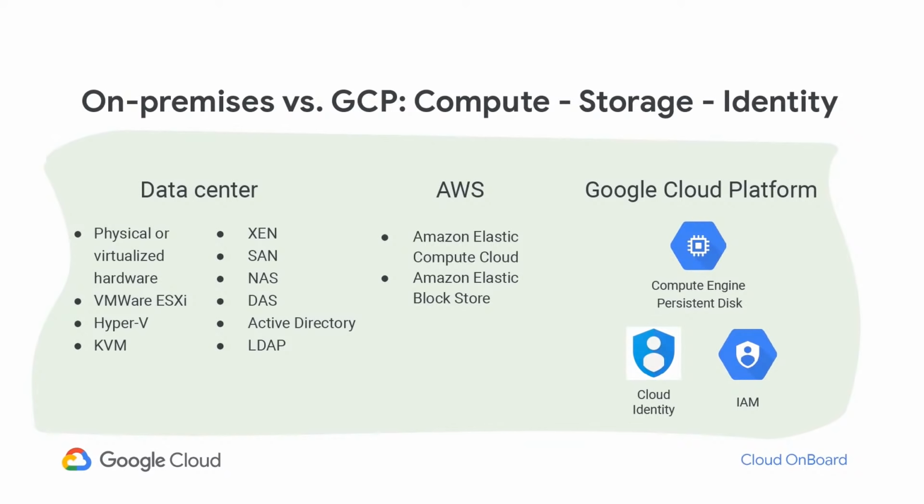But GCP provides you a fully managed, cloud-based identity as a service offering called Cloud Identity, which you can either use to extend your on-prem directory services to the cloud with the help of sync, or create a new user directory for your environment. When you are using Google Cloud Identity and Access Management, which we also call IAM, you can control and grant any kind of granular access to the resources in your cloud environment.